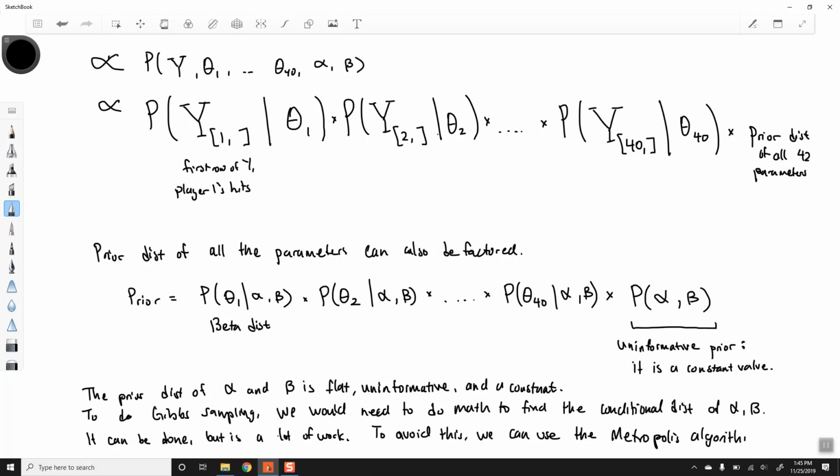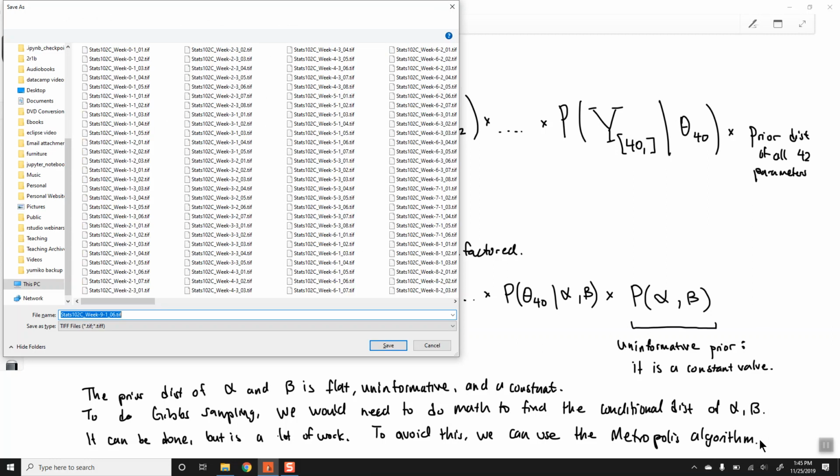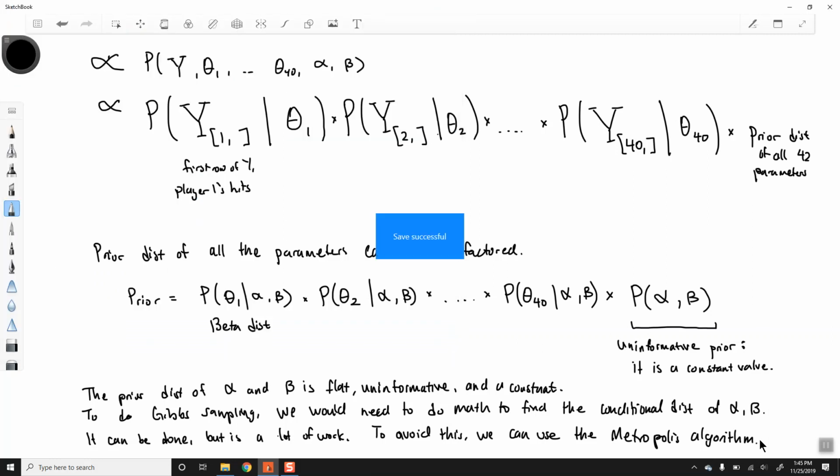Okay, so we're going to have a kind of two-tiered strategy, right? Gibbs sampling has reduced our super complex joint distribution of 42 parameters into a whole bunch of univariate ones, okay? There are maybe 80 univariate distributions.